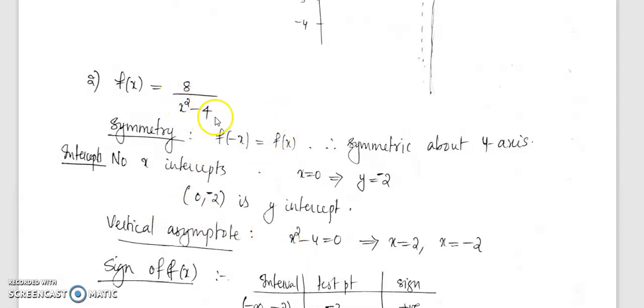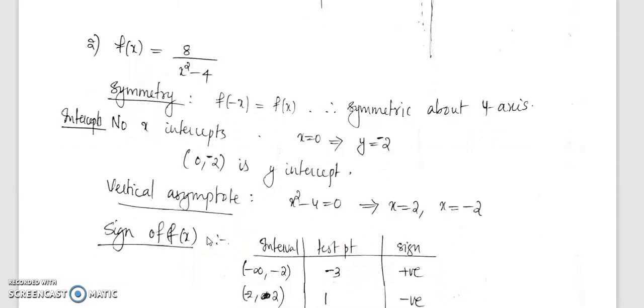Now the vertical asymptote is given by taking the denominator equal to 0. So here x equal to 2 and minus 2 are the vertical asymptotes. Now let us look at the sign change. You have the intervals minus infinity to minus 2, and the sign changes at the x-intercepts and asymptotes. We have no x-intercepts, and the asymptotes are -2 and 2. So look at the intervals -∞ to -2, -2 to 2 and 2 to infinity.